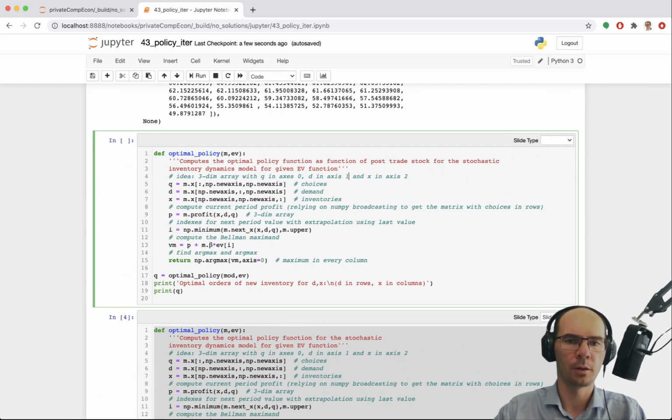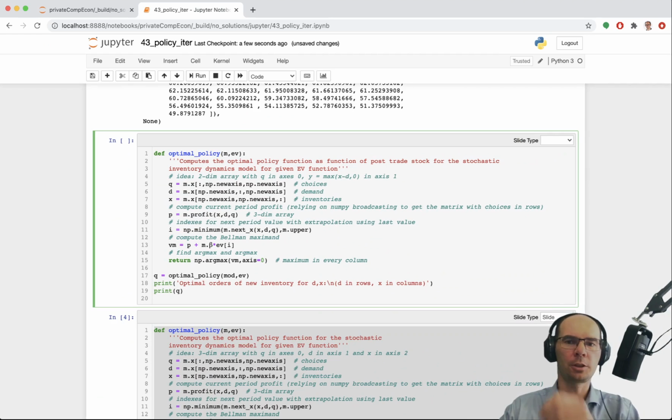Okay, we don't need the three-dimensional array anymore, so we need the two-dimensional array with q's in excess zeros and y equals max of x minus d, 0, in x is 1.